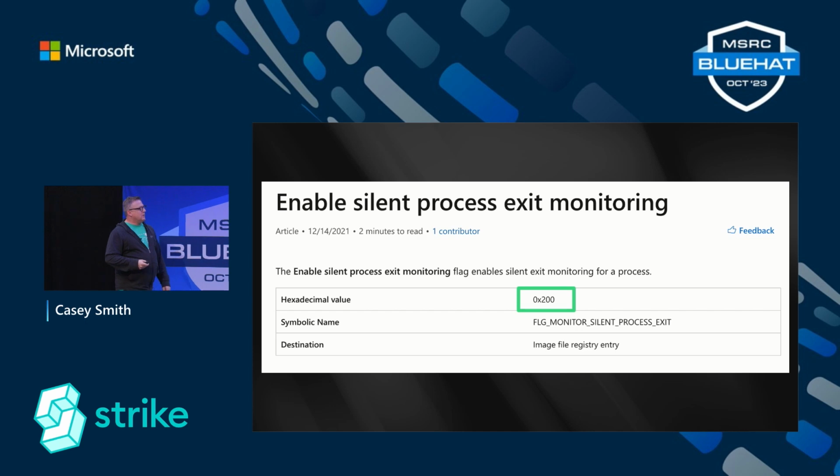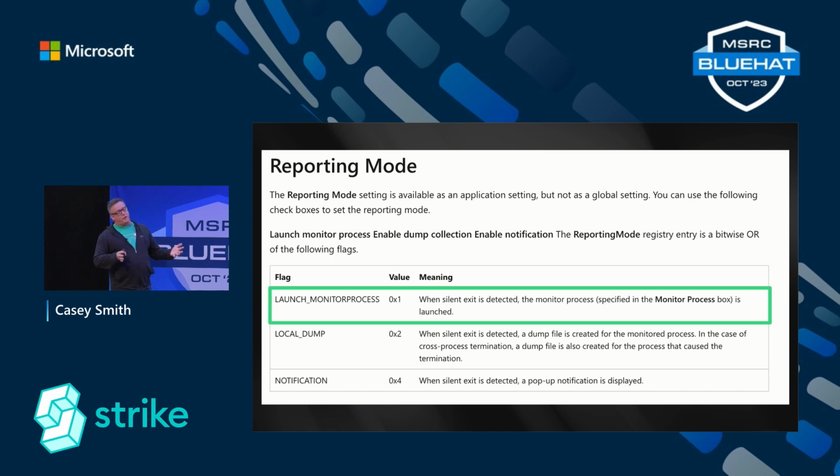Well, essentially, when you set that value, hex 200, that actually turns on monitor silent process exit in the image that executes. And then within that, there are a few other flags that we can use that are interesting to us. So the launch monitor process is the one that's going to then spawn something else. Inl test runs, and then PowerShell runs with your alert. But there's some other interesting ones here, like dumping memory and also potentially notifying the user. Some people can turn that flag on as well if they're interested.